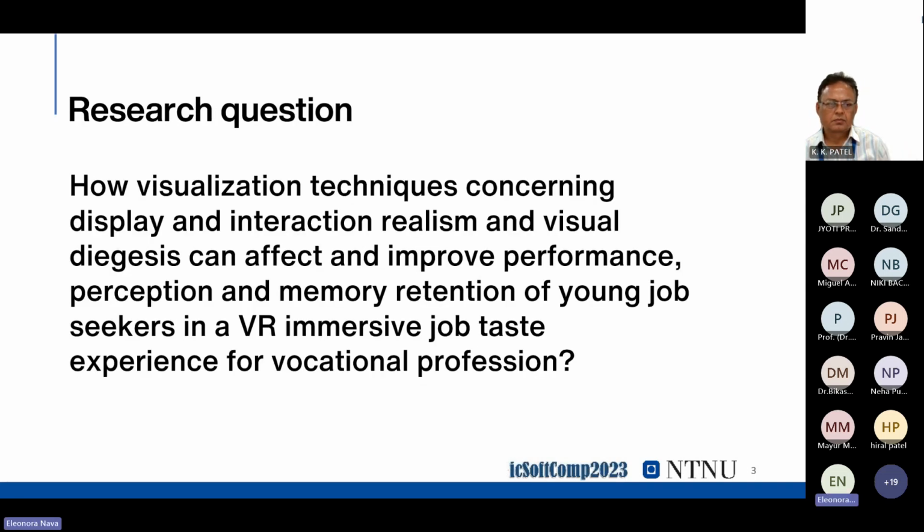The research question is how different visualization techniques concerning display and interaction fidelity and visual diegesis can affect and improve these three distinct spheres of young job seekers in a VR immersive job taste experience for a vocational profession.